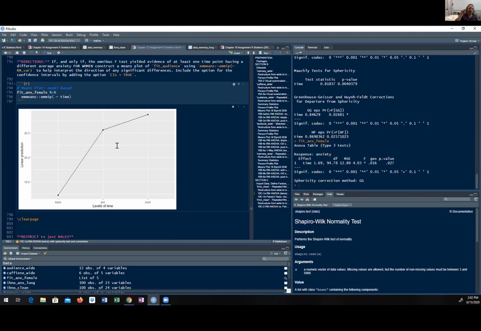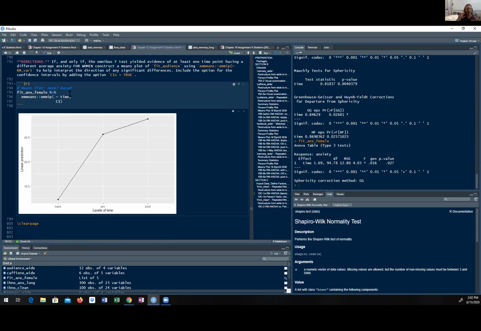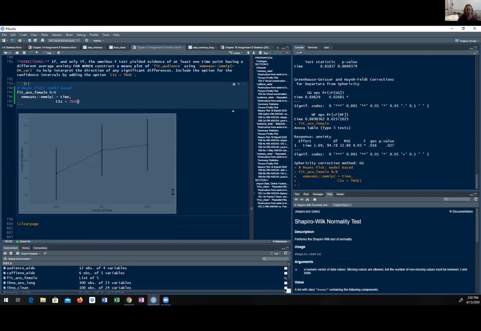It will only do the means. It always zeroes in on those means, and it looks like everything is wildly different. But if you notice the y-axis, it's zoomed way in. So I prefer to add confidence intervals. After you have the tilde wave time, put a comma, capital C, capital I, little s equals true, and it will make confidence bands, and then it won't be zoomed in so much.